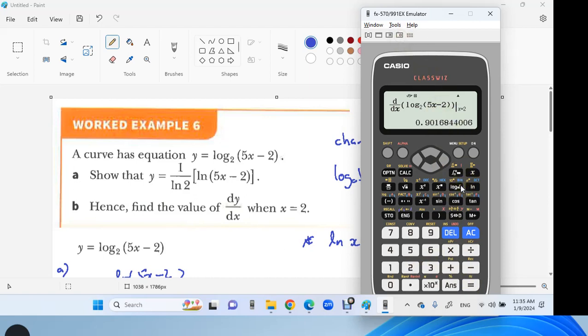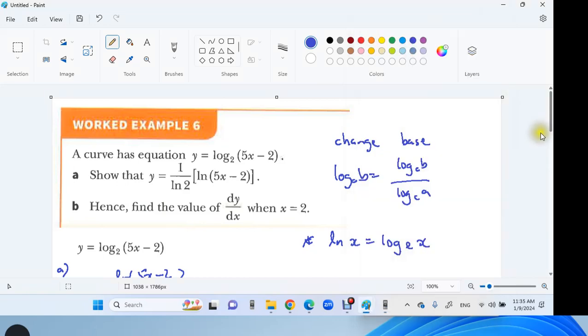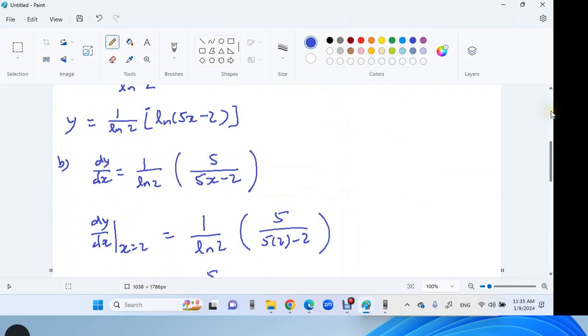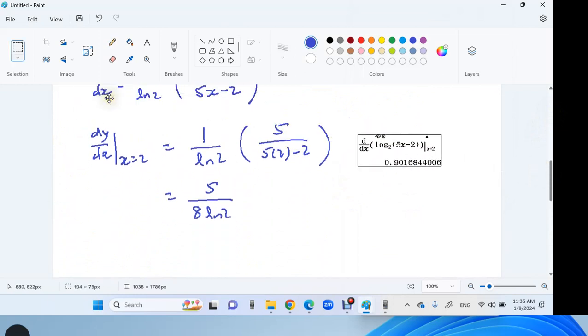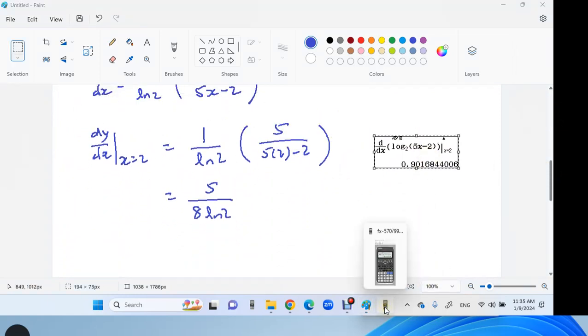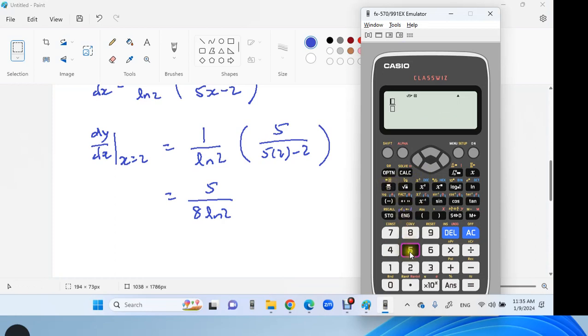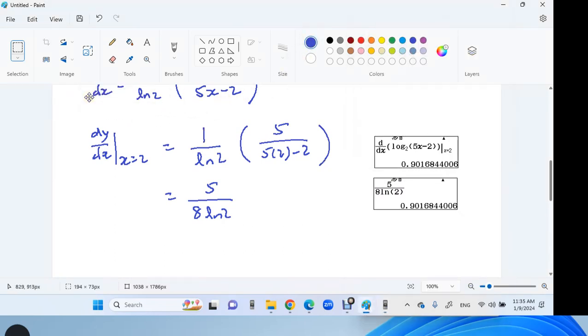Okay, then this will be the answer, and we have the 5 over 8 ln 2. Okay, is this. So the answer is correct.